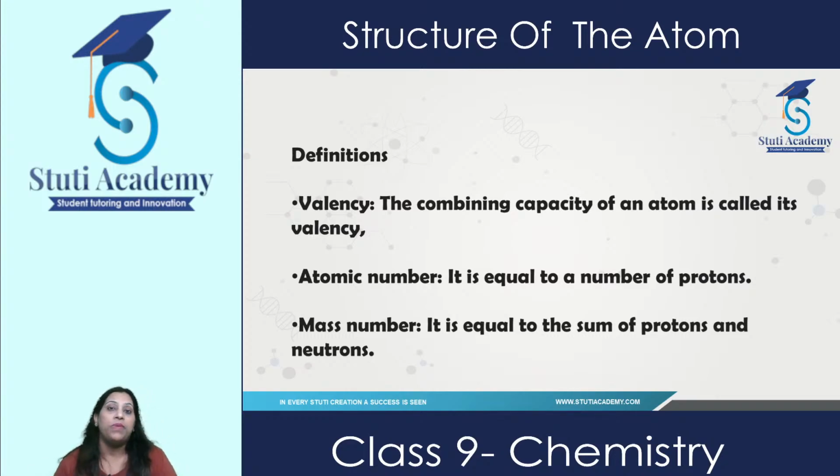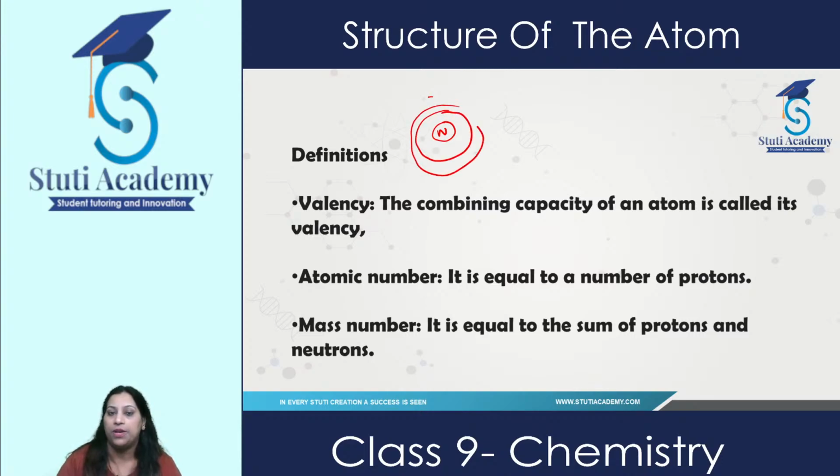Then we have atomic number. As I told you, in the structure of an atom, the nucleus is present in the center and electrons are revolving around it in particular orbits. Now this nucleus is composed of protons and neutrons, and electrons are revolving around it.